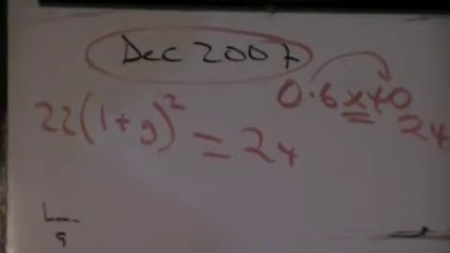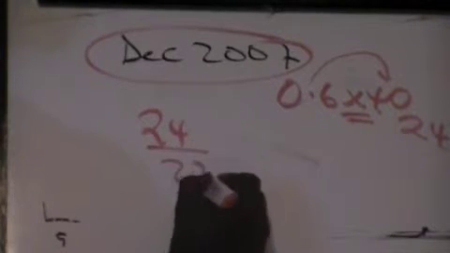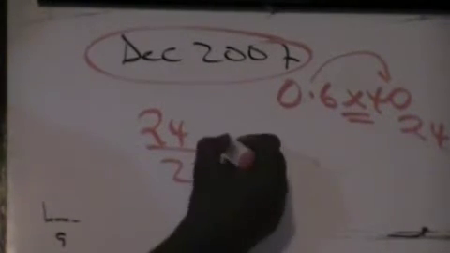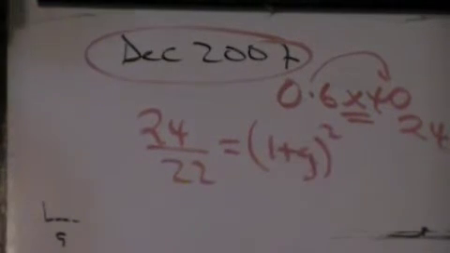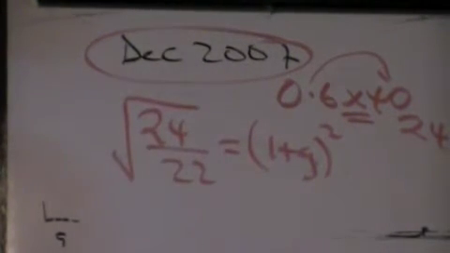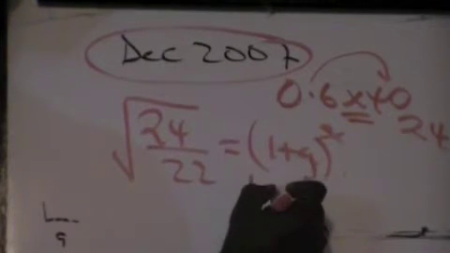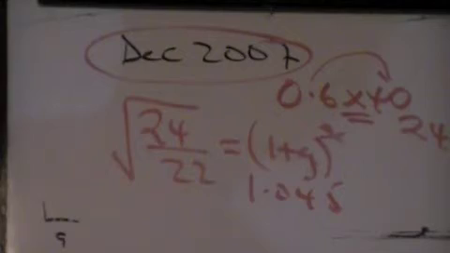Now when we want to solve this, 24 over 22 is equal to 1 plus the growth rate raised to power 2 years. Now if we find the square root of that, it will cancel this out and give us 1 plus g. And in that case, g may simply be 1.045. So 4.5% becomes the growth rate.